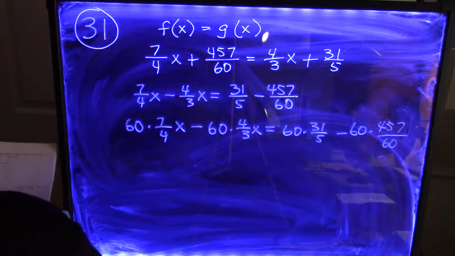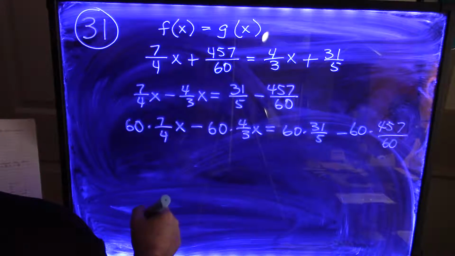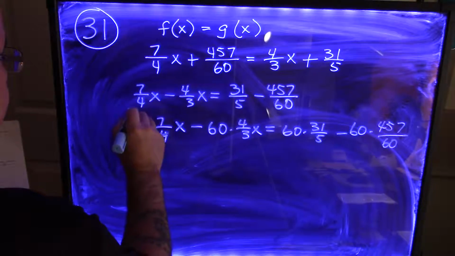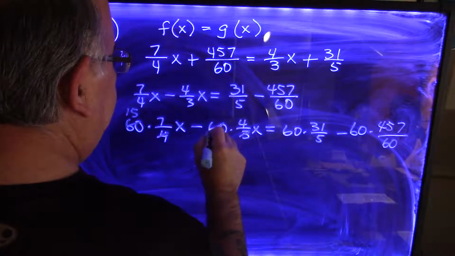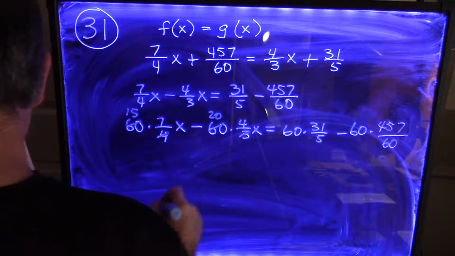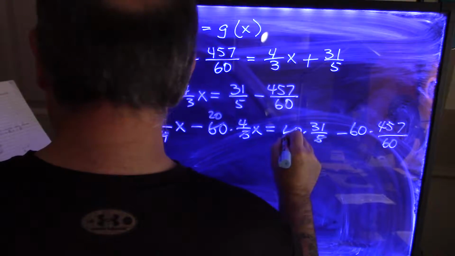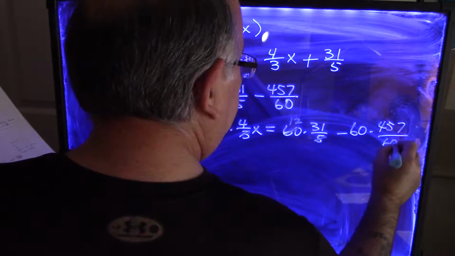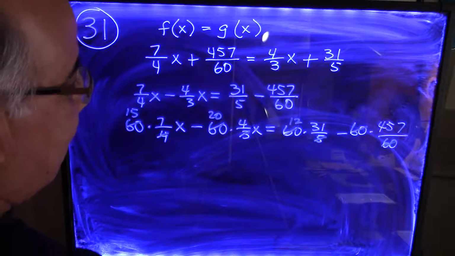Alright, so 60 cancels with 4 and gives you 15. Cancels with 3 and gives you 20. And 5 cancels with 60, gives you 12. And 60 cancels with 60, so that just becomes 1.